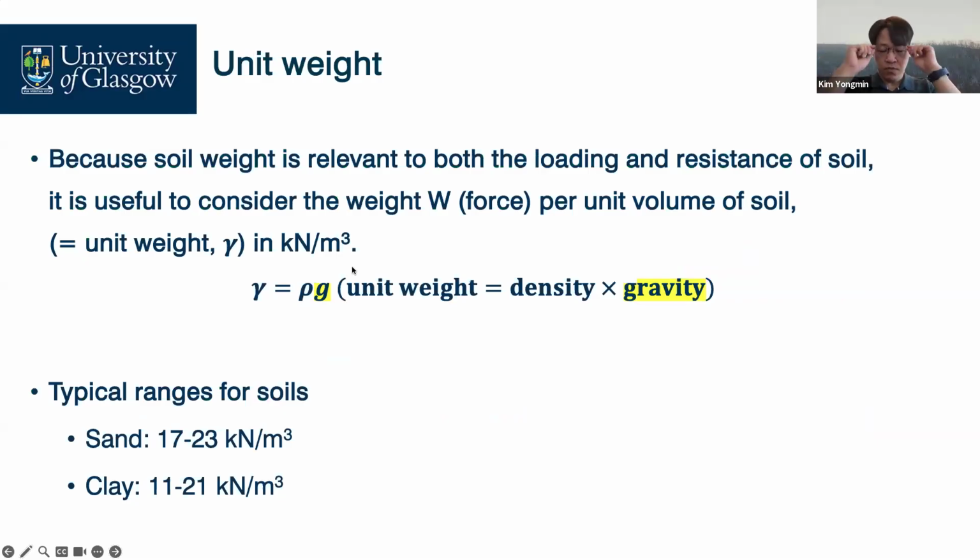Please do not confuse density and weight. Weight means mass times gravity. Unit weight is the weight of soil per unit volume.